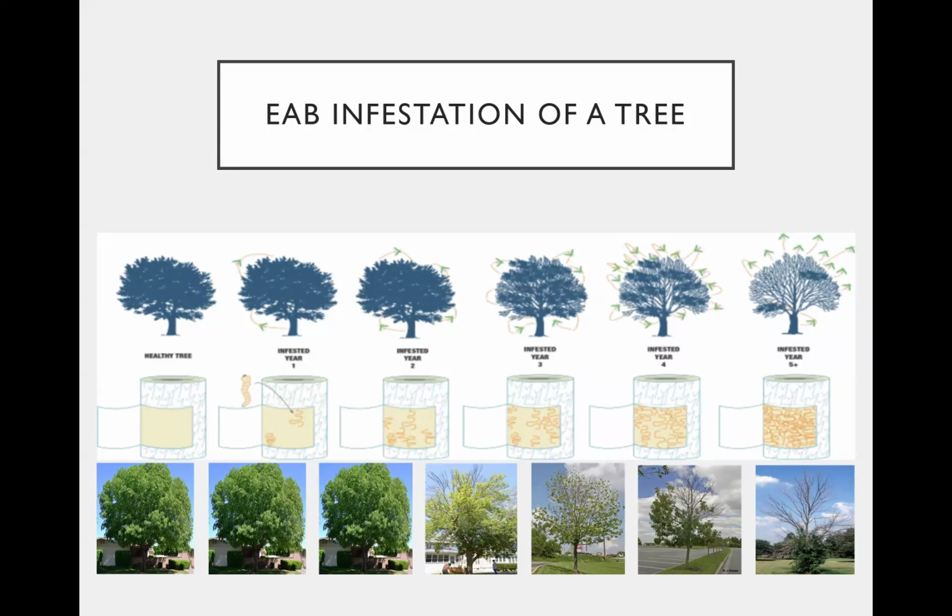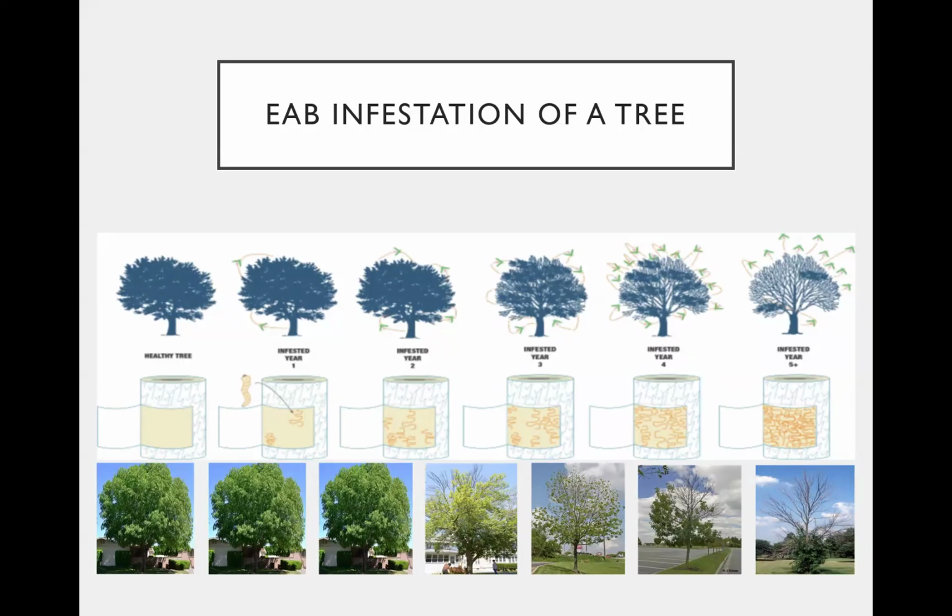It does have some native pests, but they're not at levels that they're solely responsible for the mortality of that tree. They might come in as a secondary factor if that tree is stressed, or you get a lot of root damage on the tree, and then they're coming into those stressed trees. But emerald ash borer will infest perfectly healthy live trees and eventually kill them.